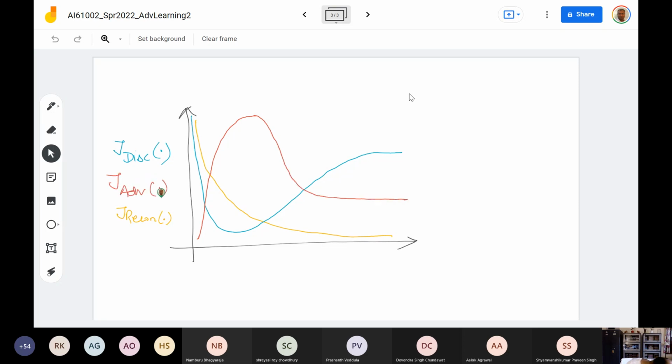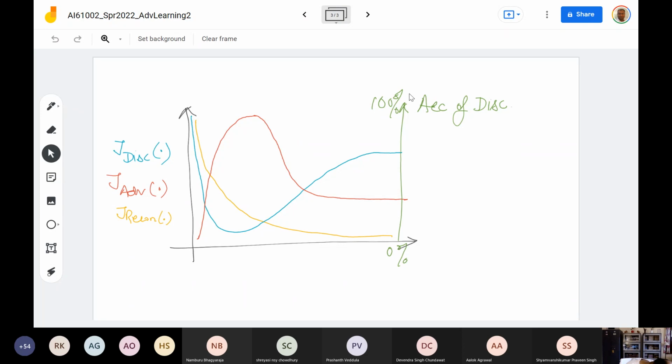Okay. Now, on this side is accuracy of discriminator. So this is 100% and this is 0% is what I'm looking at. The discriminator initially will have a low accuracy.